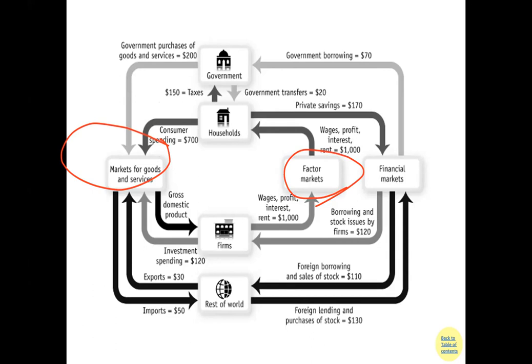So in order to use the expenditure approach, the key thing is we need to identify the four sources of expenditure, right? So this includes C. Sorry. It includes C, right?